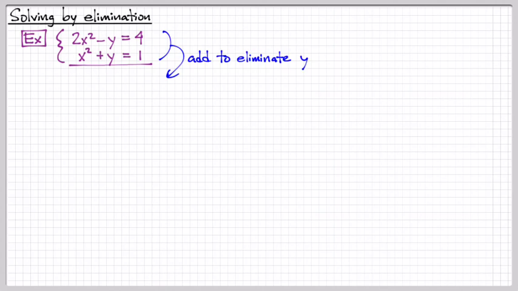Okay, let's do the same thing, but now solve it by elimination. Now, in this case, this is just set up nicely to eliminate. If I just add, the y's will be eliminated. So we'll do that. We get 3x squared is equal to 5. x squared is 5/3, which is exactly what we saw previously.